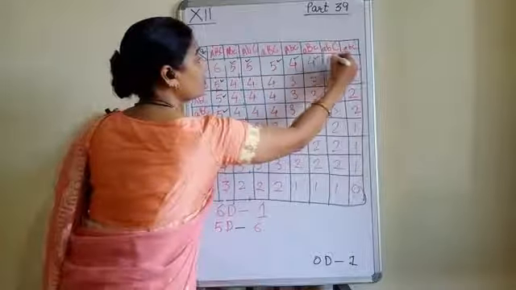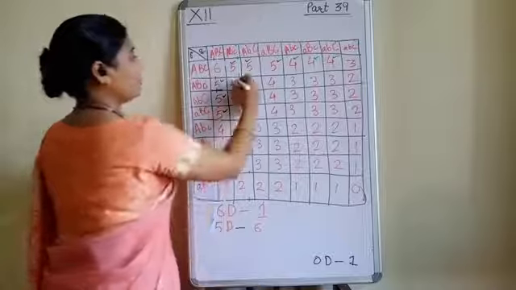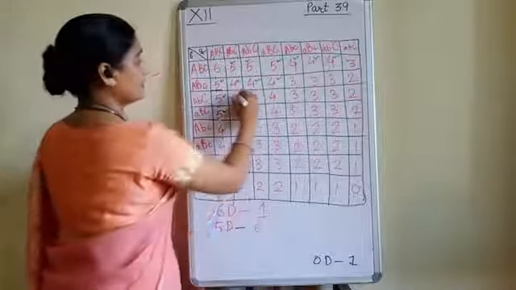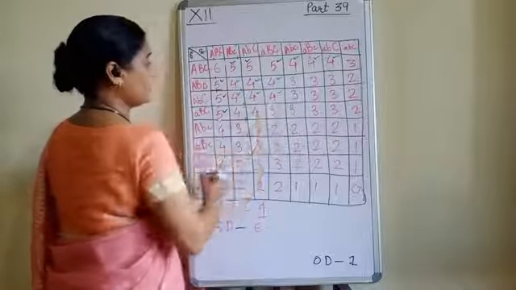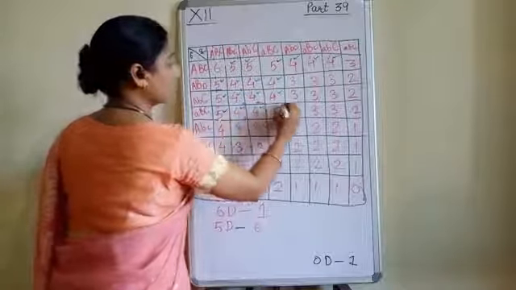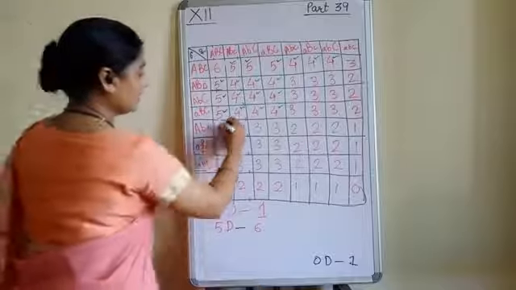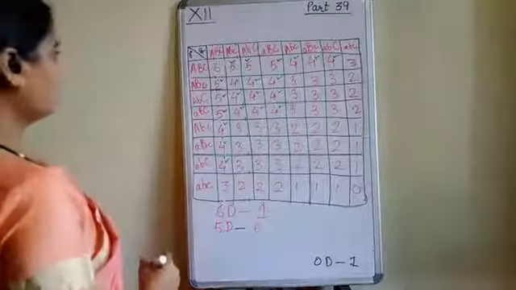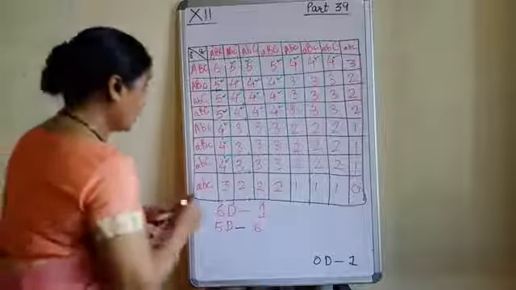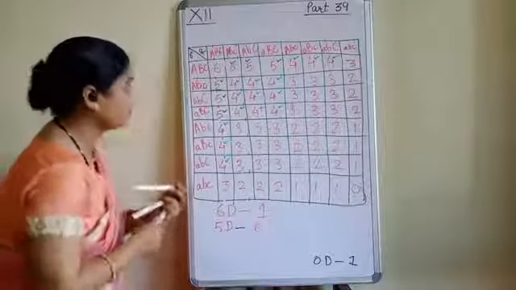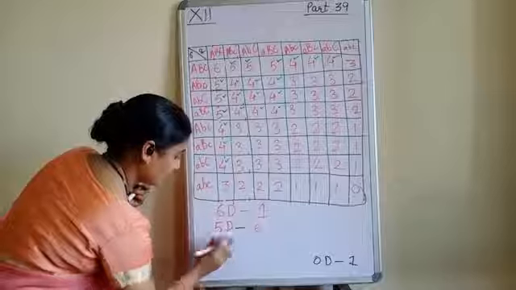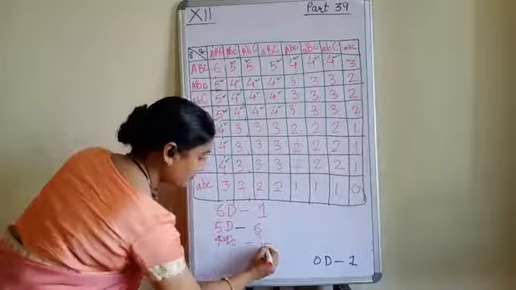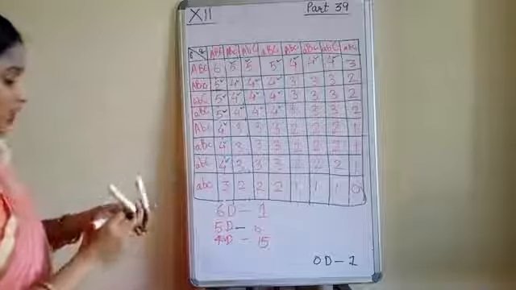One, 2, 3, 4, 5, 6, 7, 8, 9, 10, 11, 12, 13, 14, 15. Okay. So, how many 4 dominant? We got 15 4 dominant.